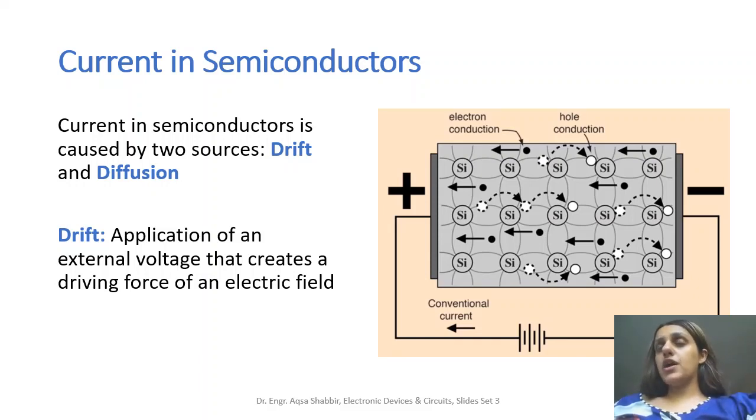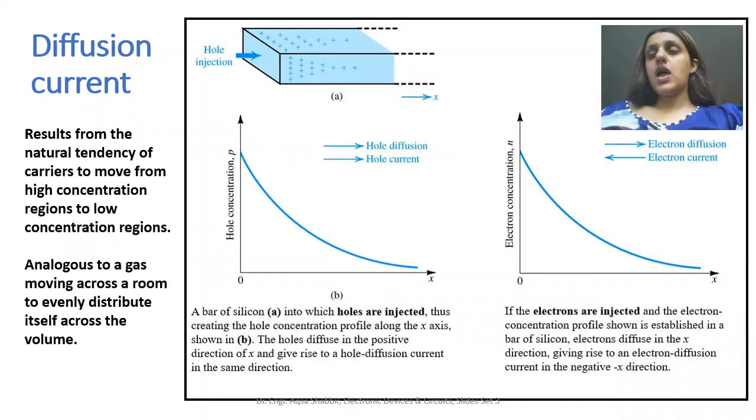The figure here shows the current that flows due to drift, which is the flow of current due to an application of an external driving force. Now the second current, which is due to diffusion, results from the natural tendency of charge carriers to move from a region of high concentration to a region of low concentration.